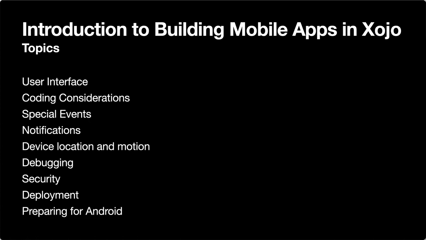So the goal of this webinar is to basically give you a pretty good overview of what you need to do to build a mobile app in Xojo. Some of this will be specific to iOS because that's what we're shipping now, but a lot of it, in fact, I'd say most of it applies to Android as well.